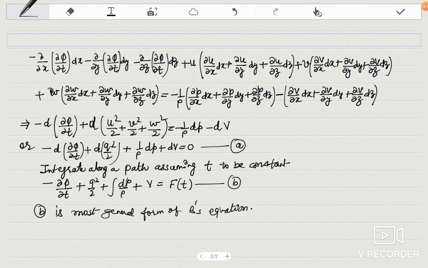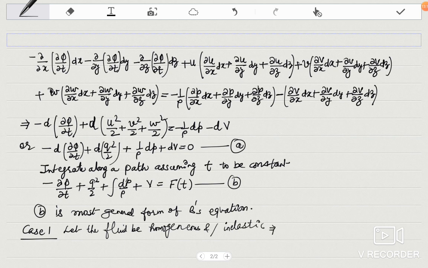Okay. Now we may have certain cases, like case 1. Let the fluid be homogeneous and or inelastic.